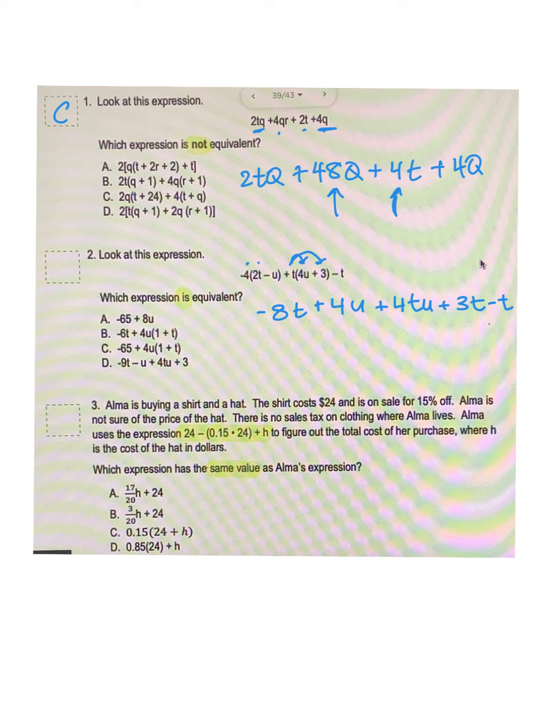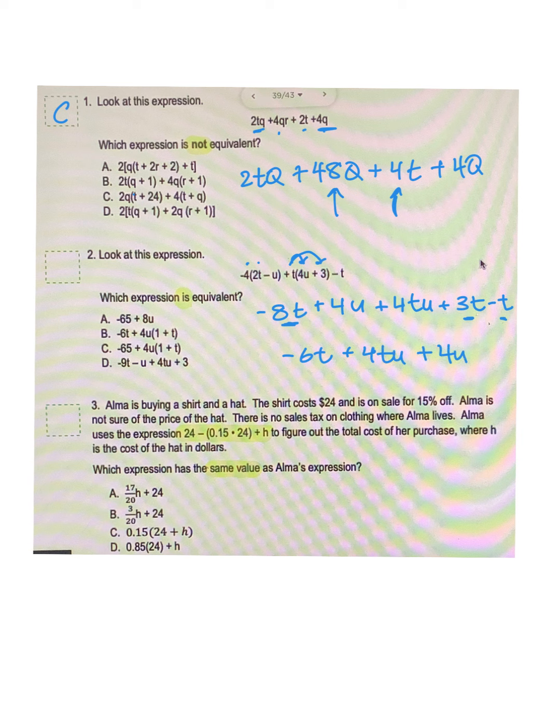So let's combine all of the terms. Let's do the ones with t. So we have negative 8 plus 3 minus 1. Negative 8 plus 3 is negative 5, and negative 5 minus 1 is negative 6. That's negative 6t. Now I only have one term with 4tu, and I only have one term with 4u.